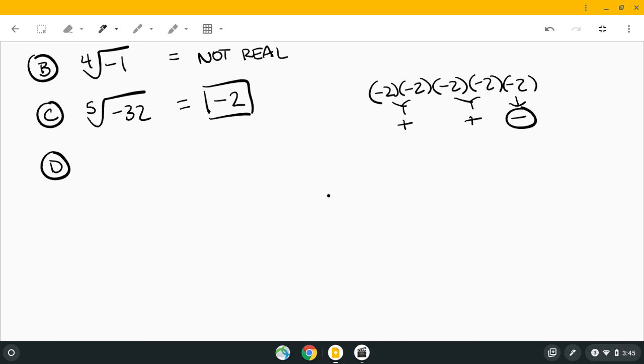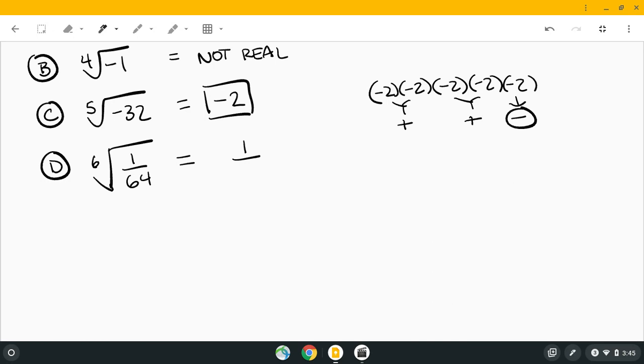All right, let's take a look at this one. Sixth root of 1 over 64. So, starting off with 1. Sixth root of 1 is 1. That part is easy. 64. We know it's not 8. And we know it's not 4, right?